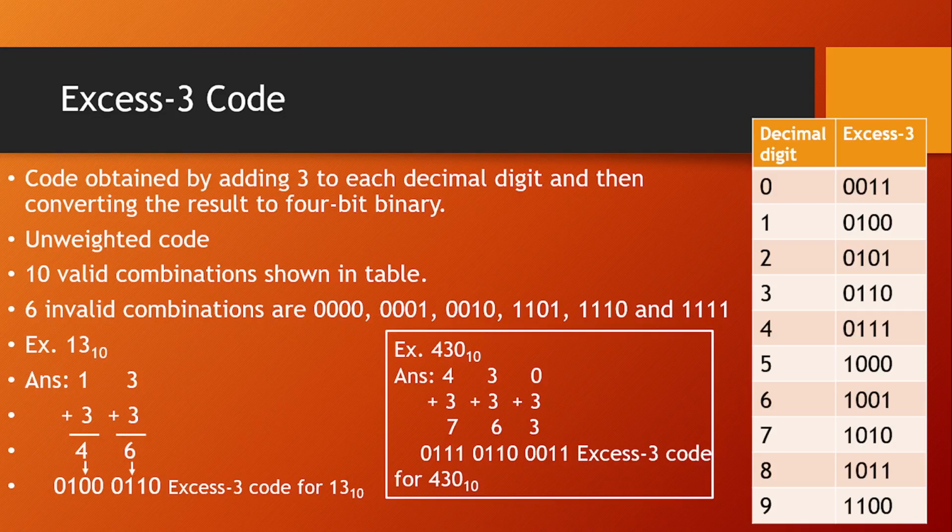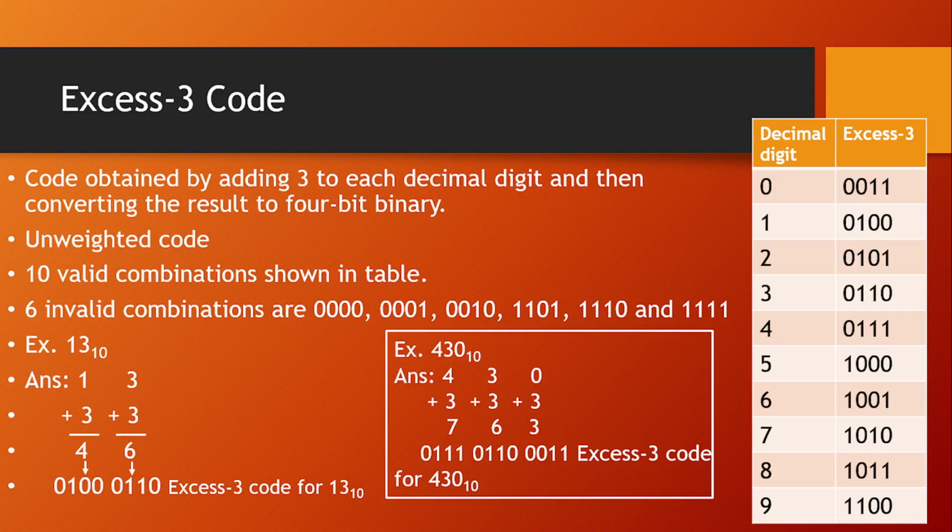So in 8421 BCD code, as the name tells, each decimal digit from 0 to 9 is written in terms of its 4-bit binary equivalent, and the code is obtained.